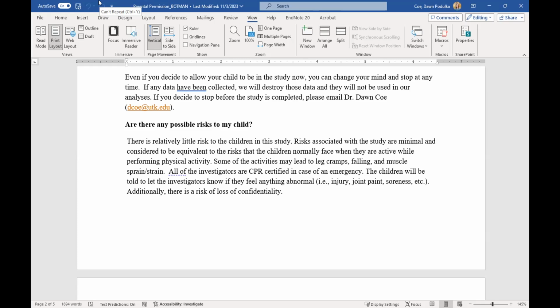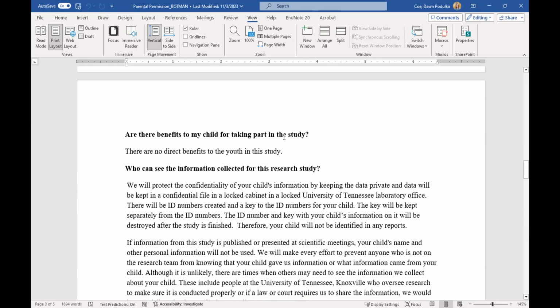And we also have to let them know there's a risk of loss of confidentiality. We do a really good job of keeping our records anonymous, not having identifying information on there. So that risk is considered minimal.